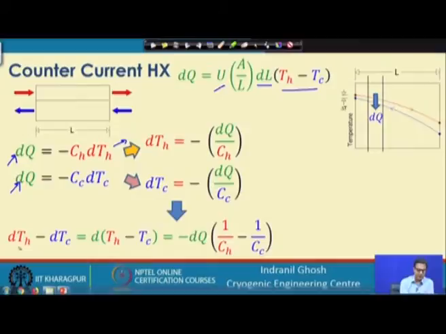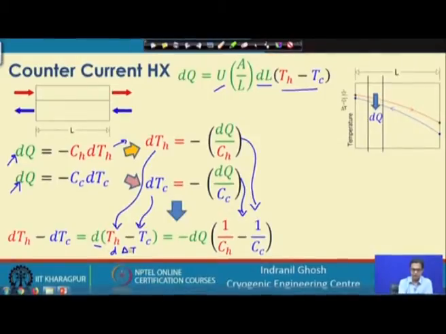Now, let us try to express d of Th minus dTc. This is nothing but d of delta T over the length dl. If we take these two expressions and put them in, we are able to express d of delta T equals minus dq into 1 by Ch minus 1 by Cc.